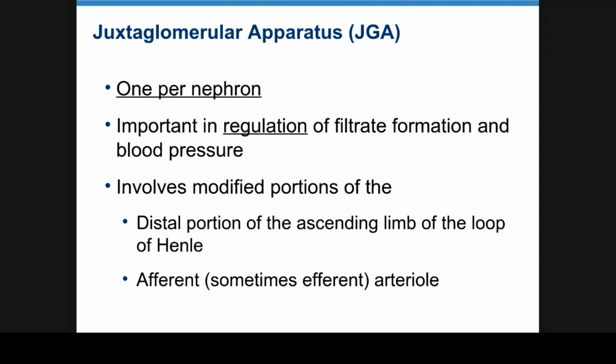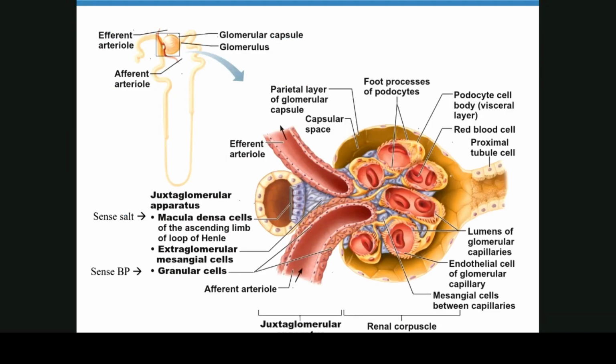Now, we already talked about juxtamedullary nephrons. Those are just the nephrons that go outside of the cortex, but this is a juxtaglomerular apparatus. Each nephron has one, and they regulate the filtrate formation and blood pressure. And this is showing you what it is. This is your nephron.